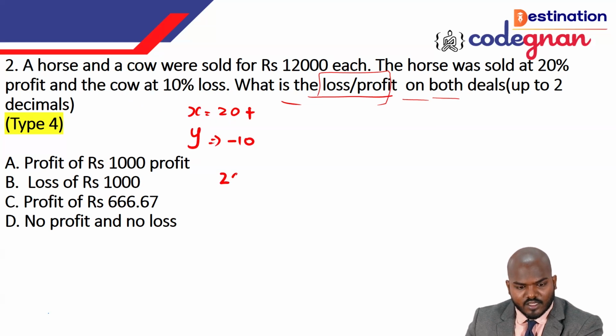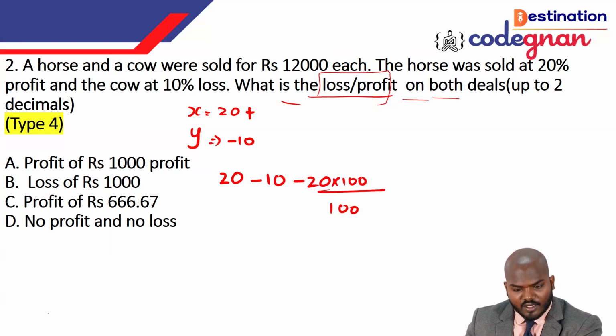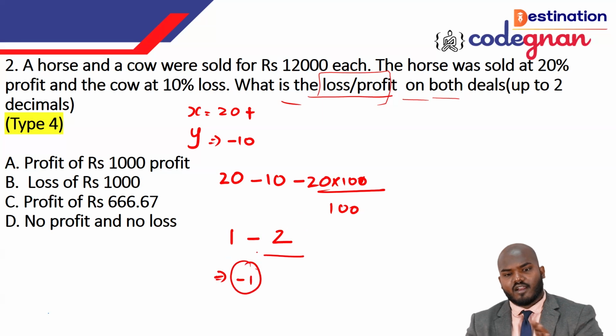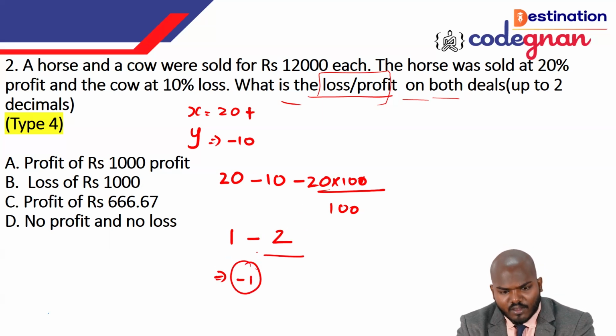Applying that, 20 minus 10, minus 20 times 100 over 10, and if you work it out, you will get minus 2, 20 by... we can call it 200. You will have the minus 1 there. Probably that is what you will get at the end of this portion. But here, check the answer, it is totally different.